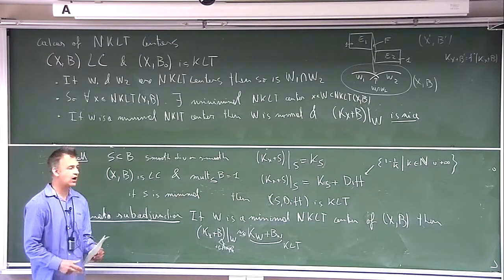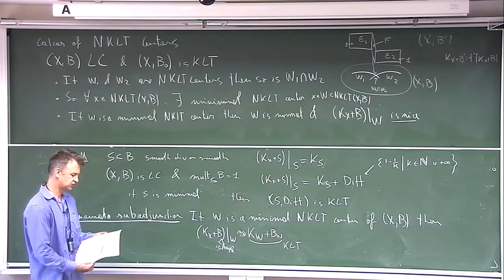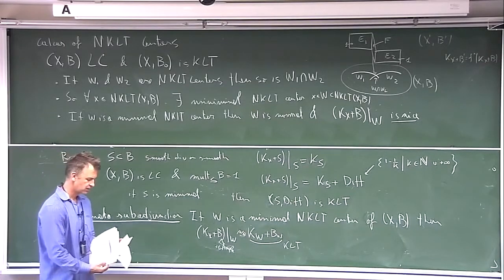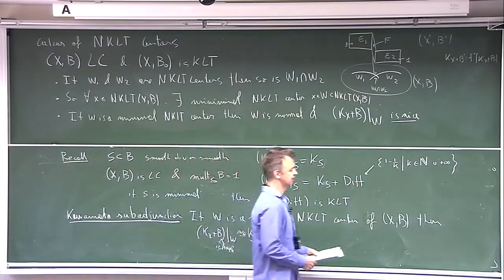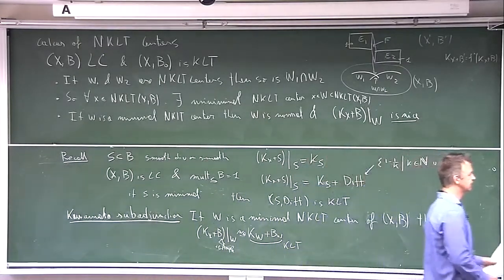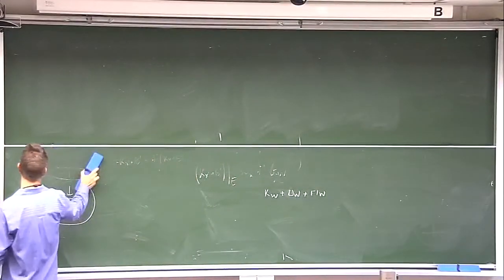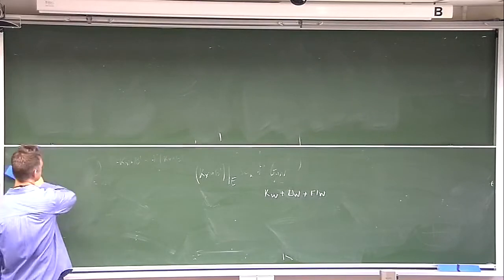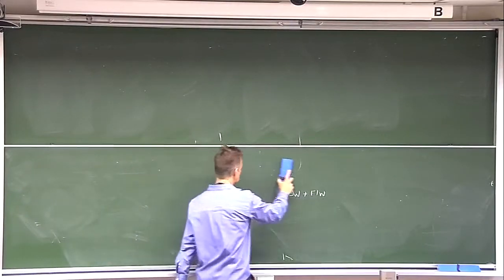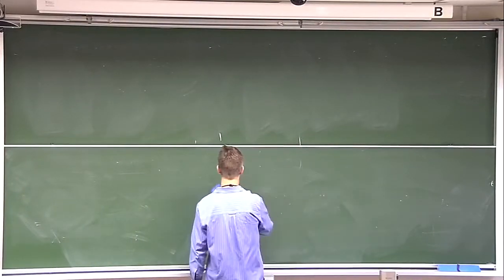Okay, so now I'm ready to talk about multiplier ideal sheaves, which is the last technical thing I need to talk about before we start with the proofs. Definitely, if I don't do some today, I can start with them at the beginning of next lecture. So maybe to put ourselves in a slightly more friendly setting, I'll pretend that the ambient variety is smooth.